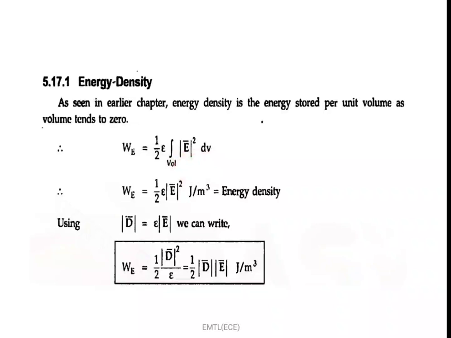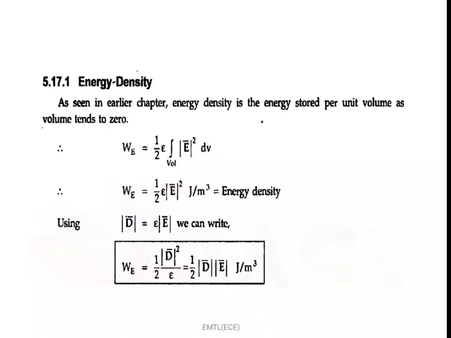That means 1 by 2 epsilon mod of E bar square integral dV. Now cancel the integral dV here. That means energy stored per unit volume.